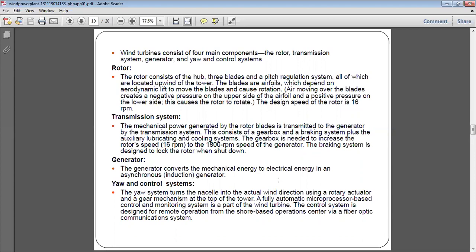A wind turbine consists of 4 main components: the rotor, the transmission system, the generator, and the yaw control system. So what is the rotor? A rotor consists of a hub, 3 blades, and a pitch regulation system, all of which are located upwind on top of the tower.